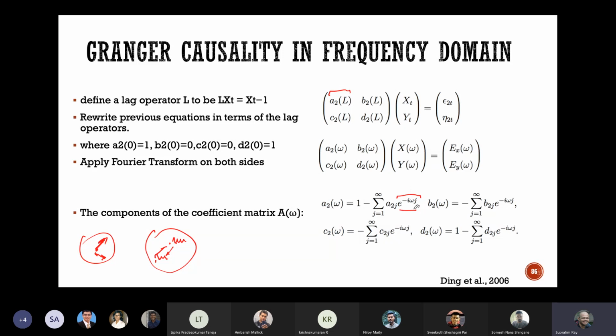So that is where this term comes about in the frequency domain. So in the frequency domain, this whole thing turns into this A, B, C, D, which are given by these four equations. Okay, so if I give you an omega, you can actually quickly compute that. Remember, A, B, C, D are coefficients that I can get from Yule-Walker equations or some other way. So I actually can get this matrix in the frequency domain if I specify omega.